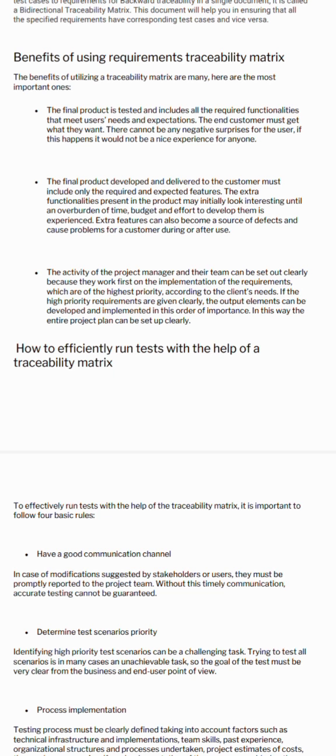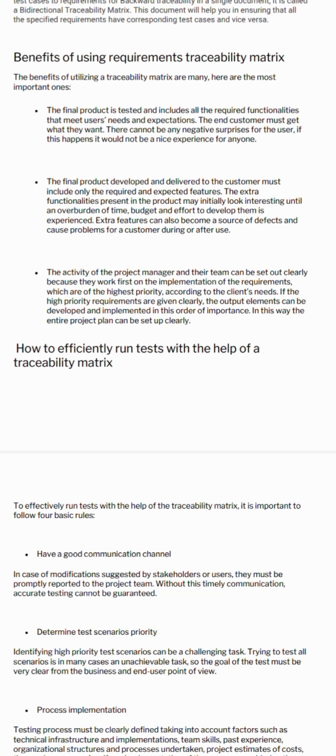The third benefit is that the activities of the project manager and their team can be set out clearly, because they first work on the implementation of requirements which are the highest priority.